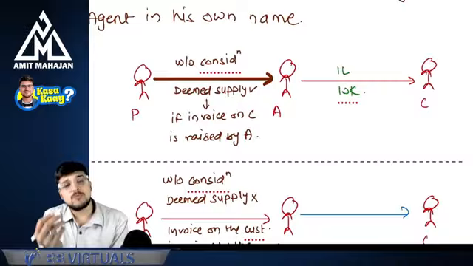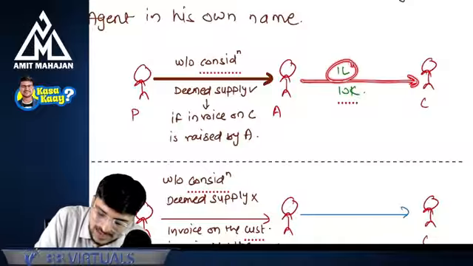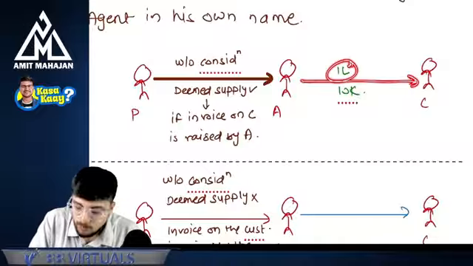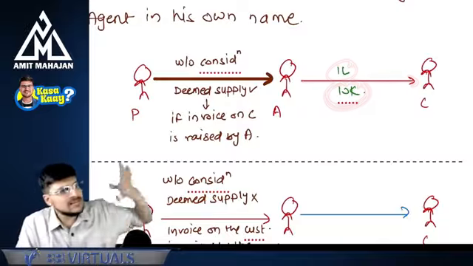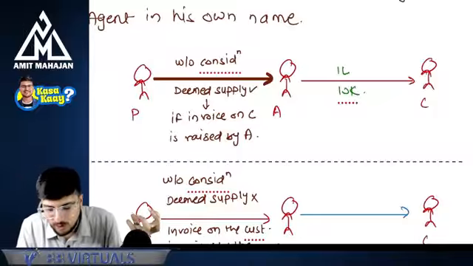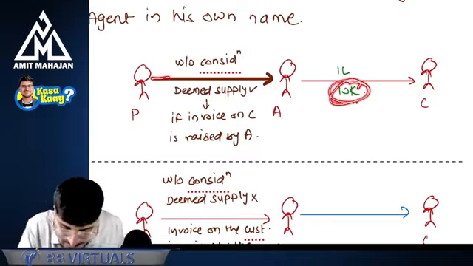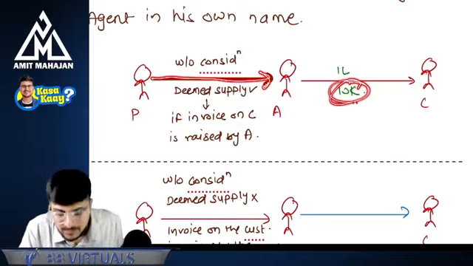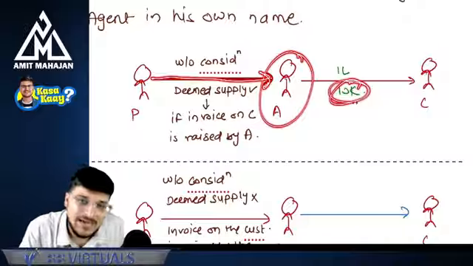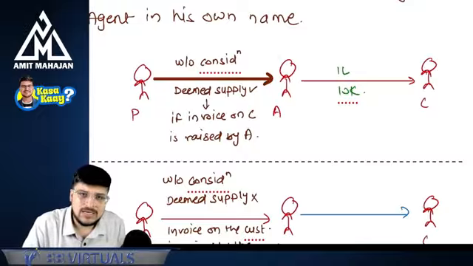Why, sir? Because when the agent is raising the invoice in his own name, can I say 1 lakh is charged in the name of the agent and 10,000 of GST will be charged in the name of the agent? So can I say there will be the agent's outward tax of 10,000 rupees? Yes. And so even though this is charged to tax, the agent will be able to take the ITC of that. Are you understanding this?